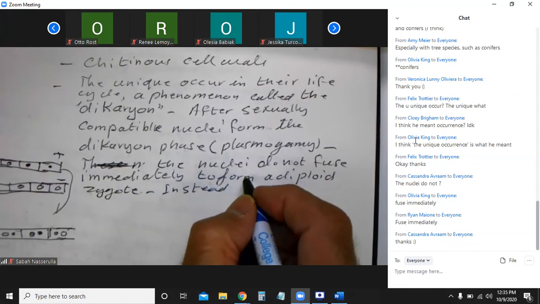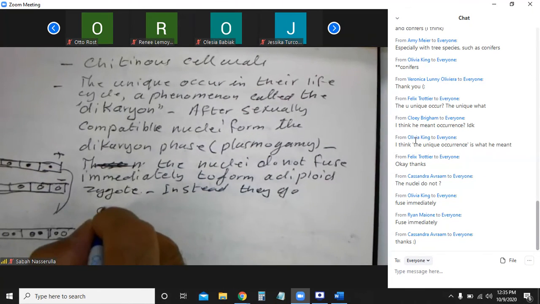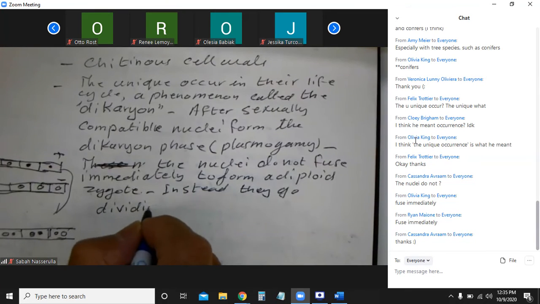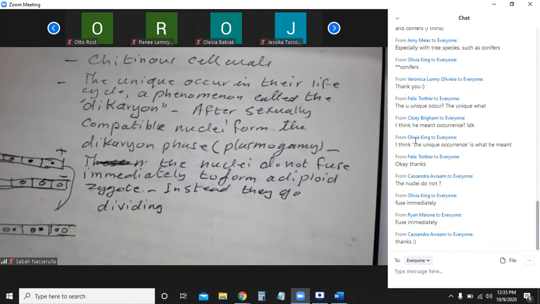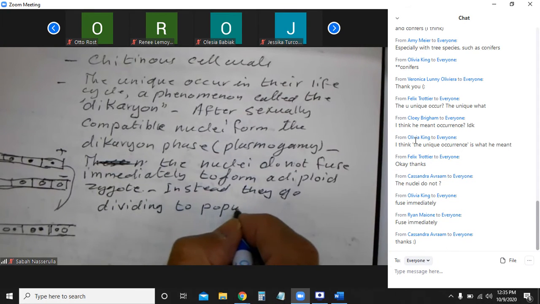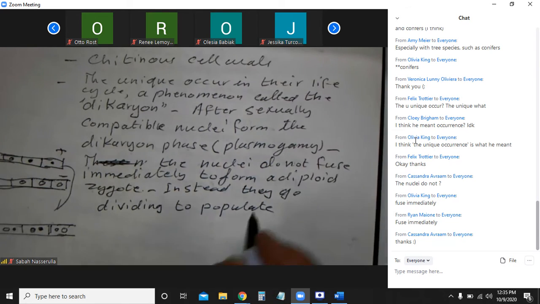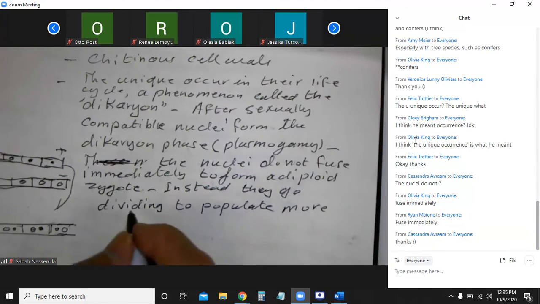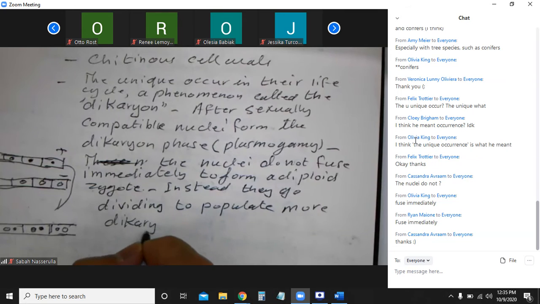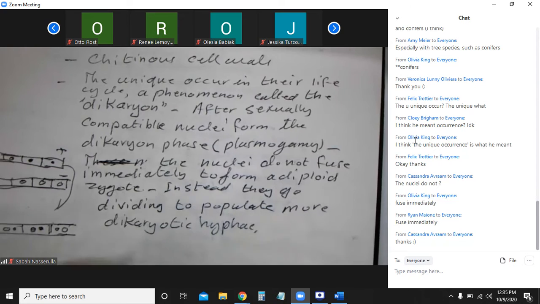Instead, they go on dividing to populate more dikaryotic hyphae.